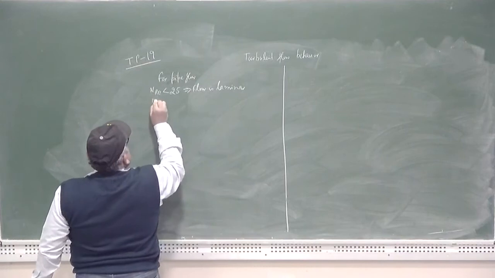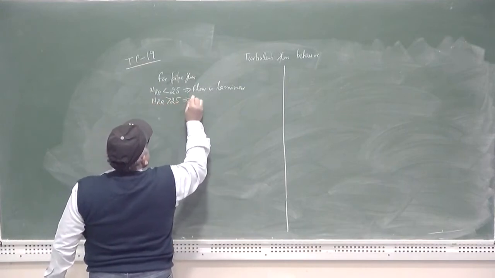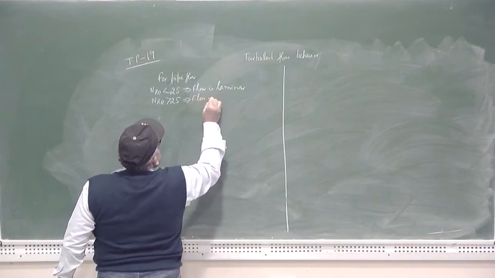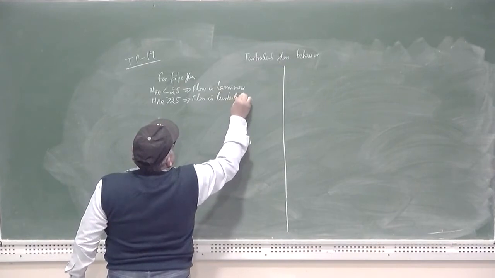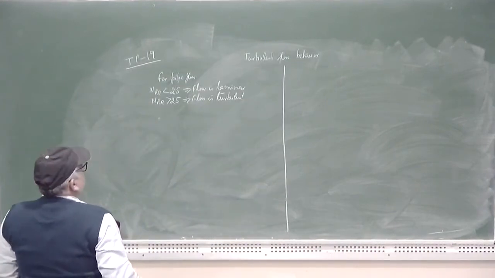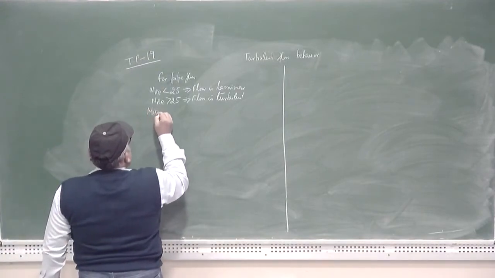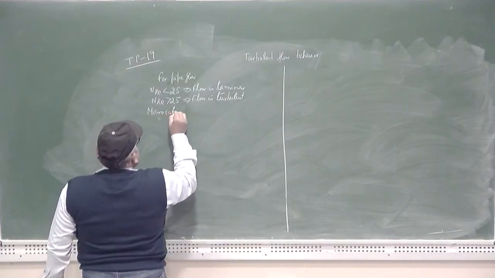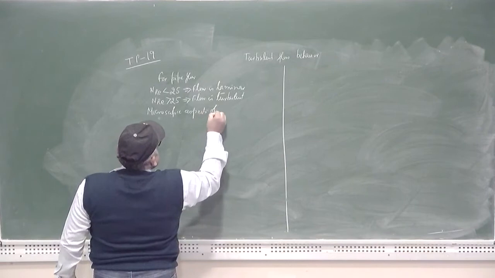However, if the Reynolds number is greater than 25, then it is said that flow is turbulent, right. So far as these macroscopic aspects of the turbulence is concerned, the macroscopic aspects of turbulence.